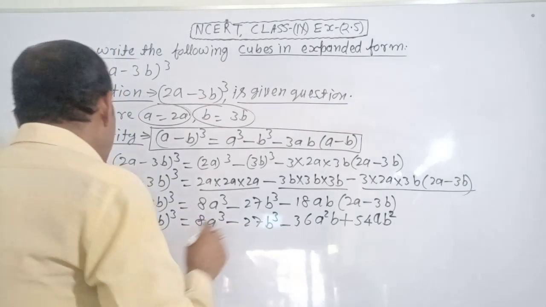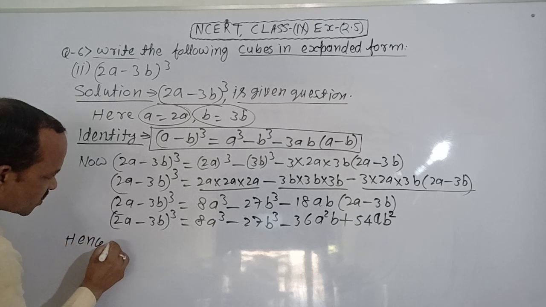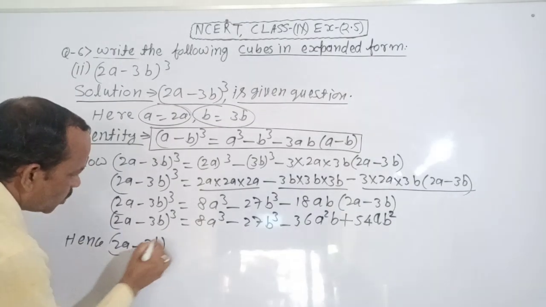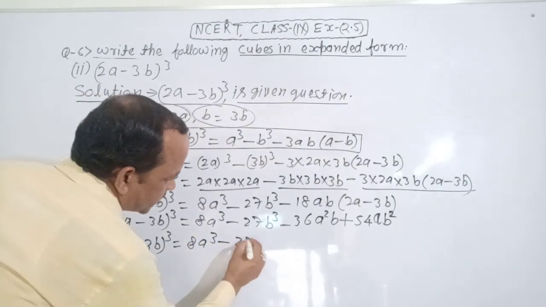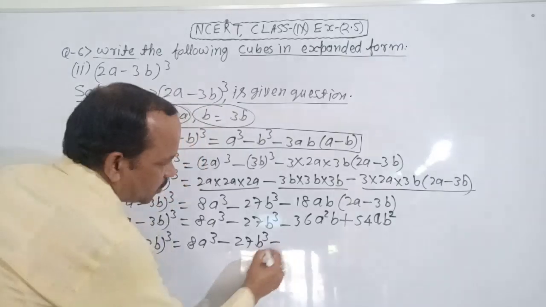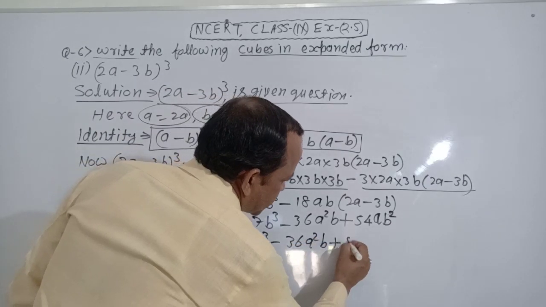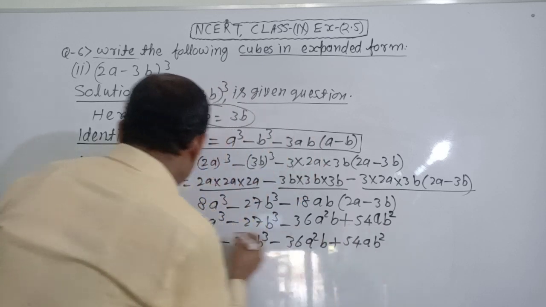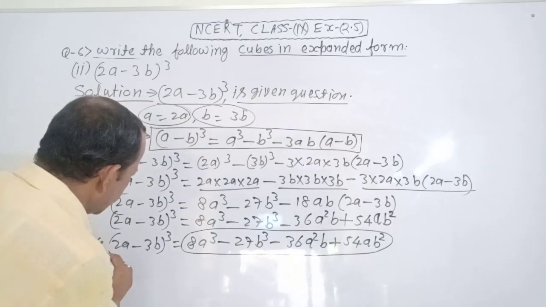Very good. You can write, hence, (2a minus 3b) whole cube equals 8a cube minus 27b cube minus 36a square b plus 54ab square. It is your answer. You find your answer very easily.